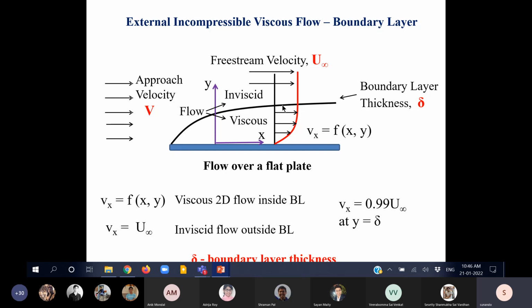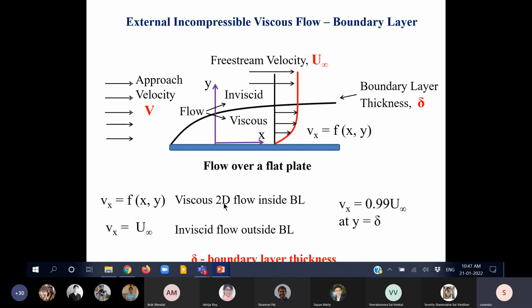So it's difficult to pinpoint where the velocity is going to be exactly equal to U infinity. In order to address this problem of accurately defining the boundary layer, it has been commonly accepted that when Vx reaches 99% of the free stream velocity, we say that we have reached the edge of the boundary layer, and that thickness is denoted by delta.